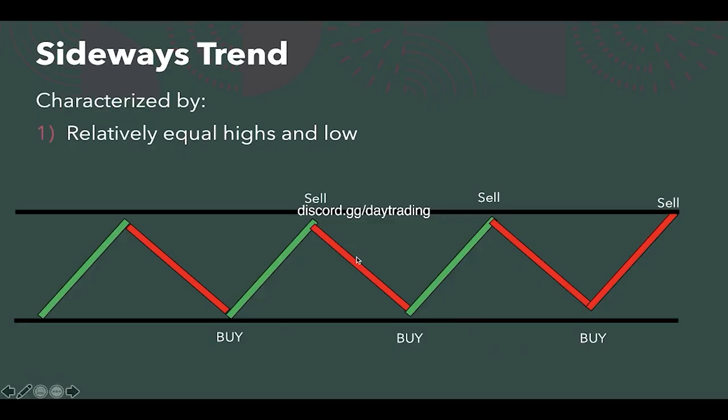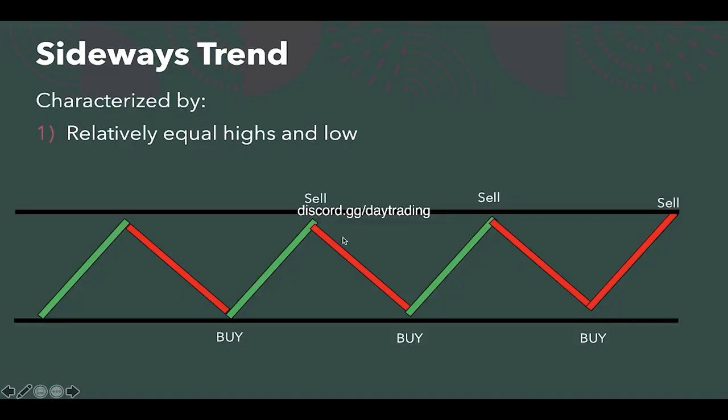But this is what a sideways trend is. With a sideways trend, we don't have one particular bias. We don't have a bullish bias or a bearish bias, right? Overall, we're just sort of fluctuating between the highs and the lows. Okay, so this is what a sideways trend is.